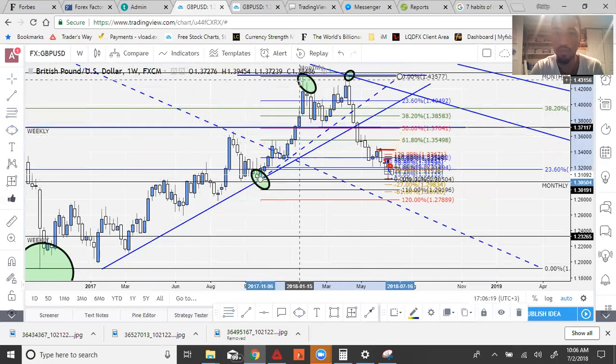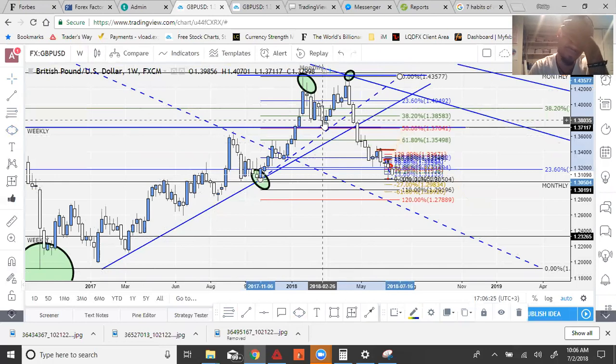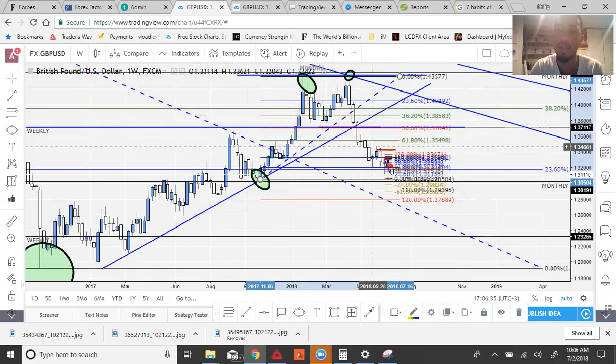Point A, point B, point C, past 38.2. So that was the last higher low, right? Price went up, pushed down, and passed 38.2. Since it passed 38.2, it broke structure. Amazing. And right now it's literally at, if anything, 100% of that point right there.